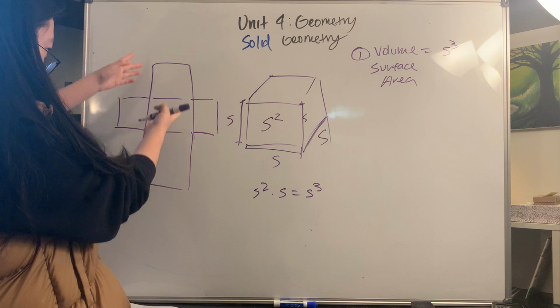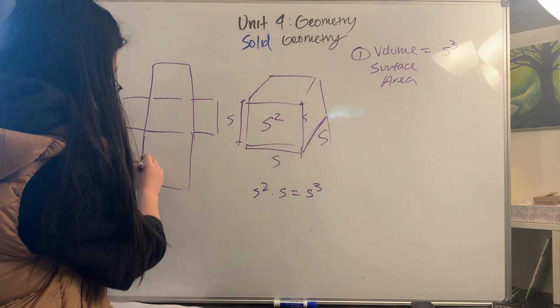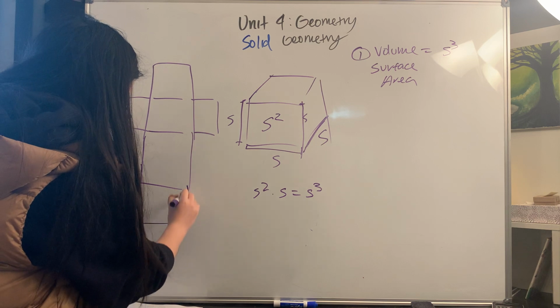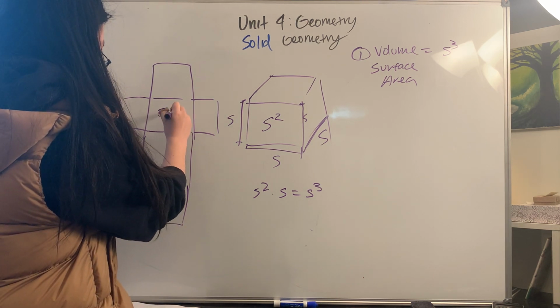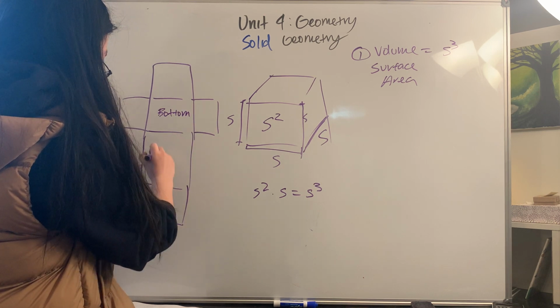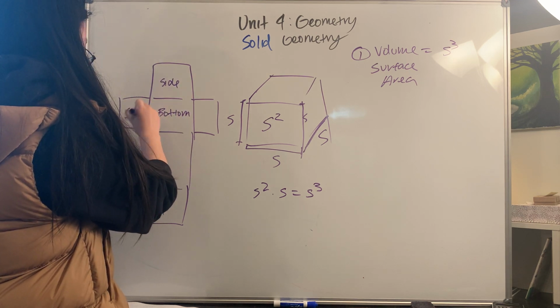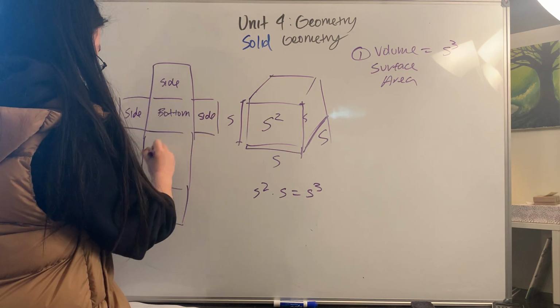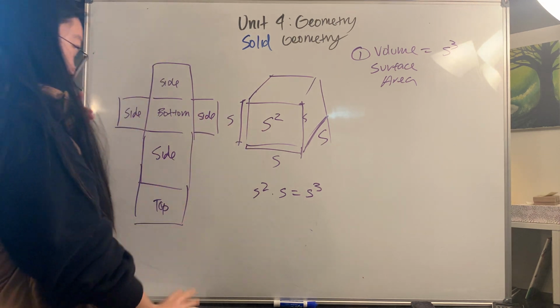So this would go up, and this would also wrap around here, 1, 2, 3, 4. So this would be our bottom, and this would be our top. And these are all our sides. And so this is a net of this figure here, and this is the total surface area, of course.